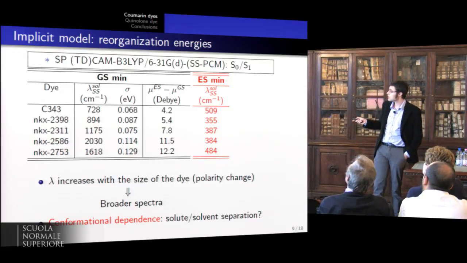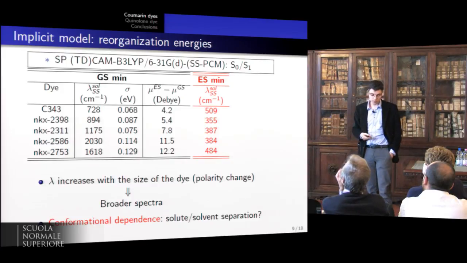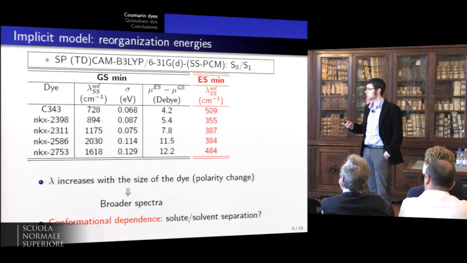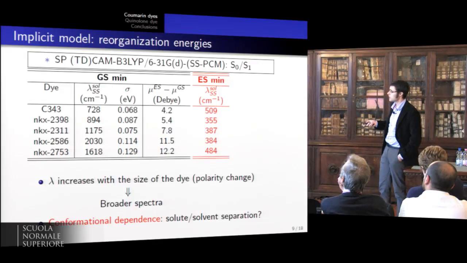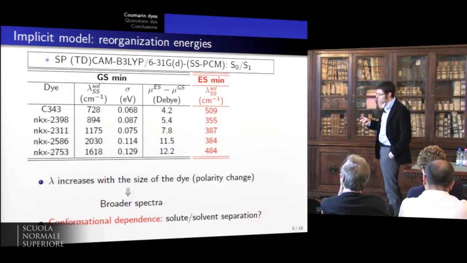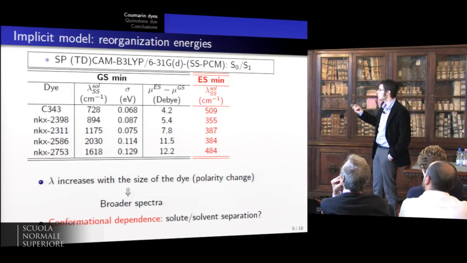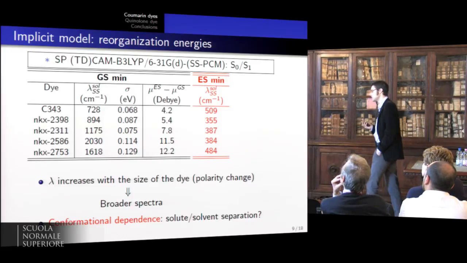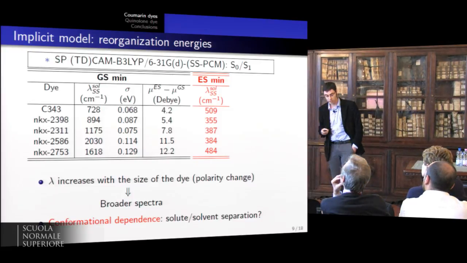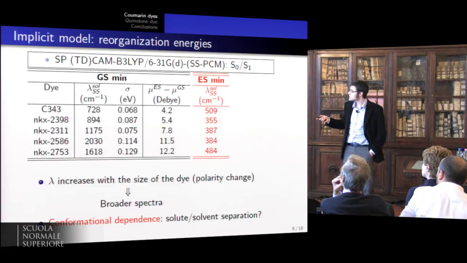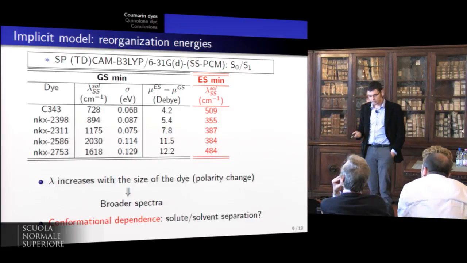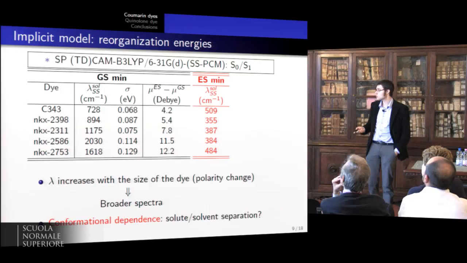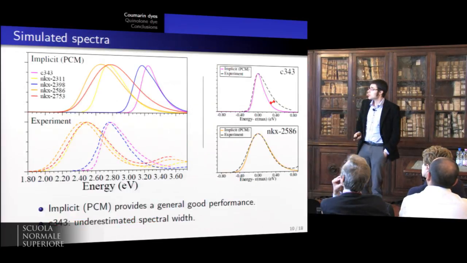However, as we can see here, if we go to another point of the potential energy surface, not the excited state minima, we could have gone to another point, and compute again the reorganization energies, we see that there is a drastic change. So still, a word of caution should be given here.